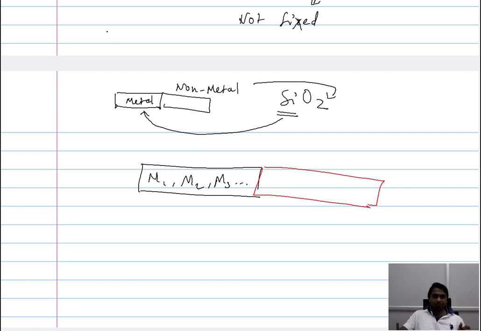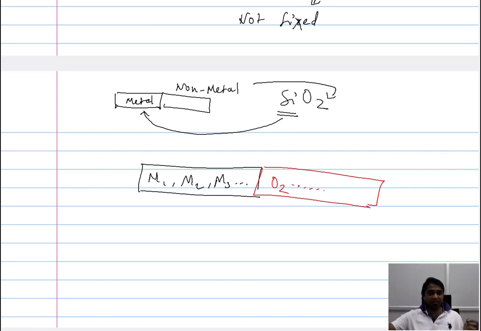And similarly, even though largely there is only one non-metal ion present, it is also possible for us to have one or two non-metal ions present. So if you consider sulfate, or other combinations of a non-metal and oxygen, these are possible wherein more than one non-metal ion is present, and in addition, the proportion in which these non-metals are present might vary.